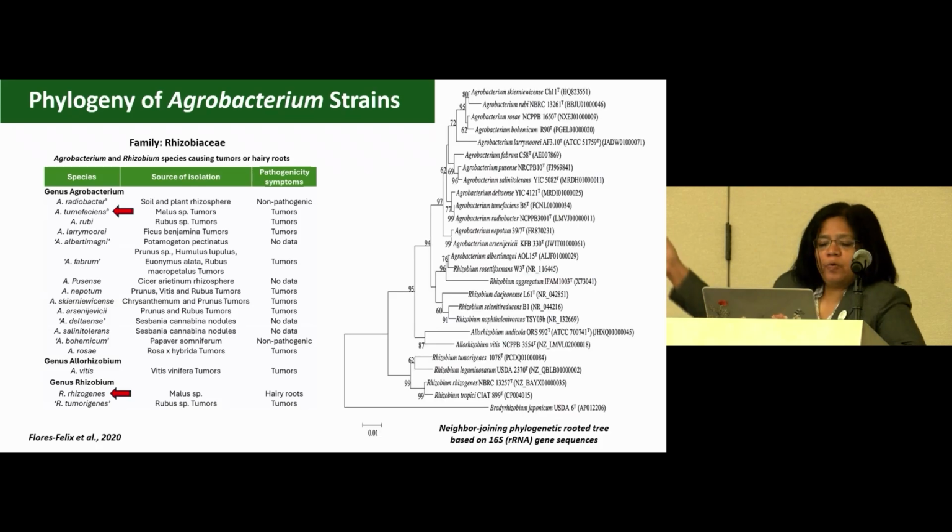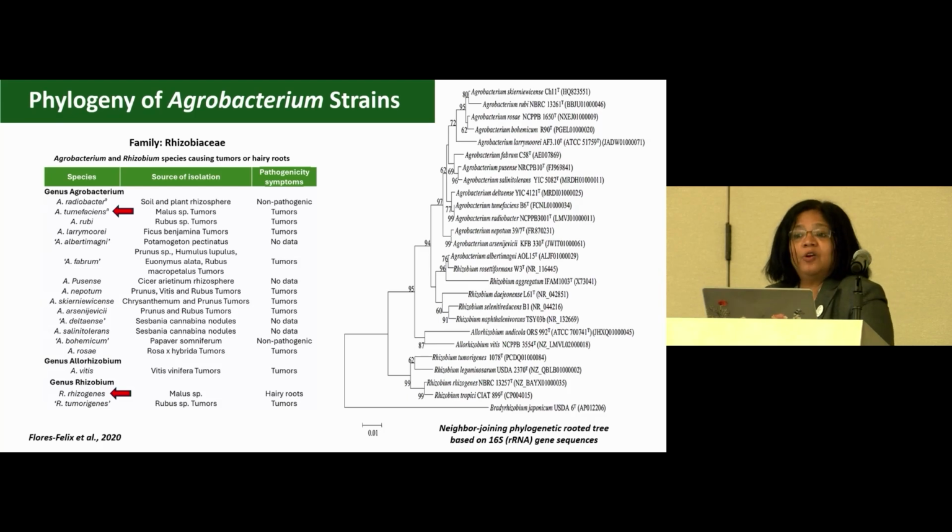And the red arrow points towards the commonly known agrobacterium we work with. But then, I do want to say for the beginners, you can think about other forms of agrobacterium you could use and explore. On the right side is the phylogenetic tree, and again the red arrow represents where the agrobacterium sits on that tree.